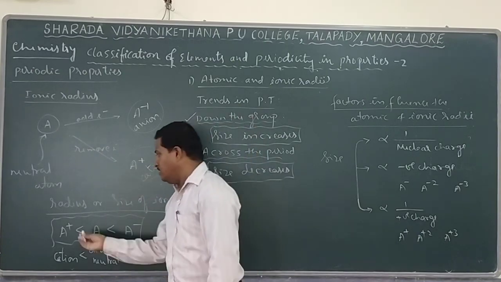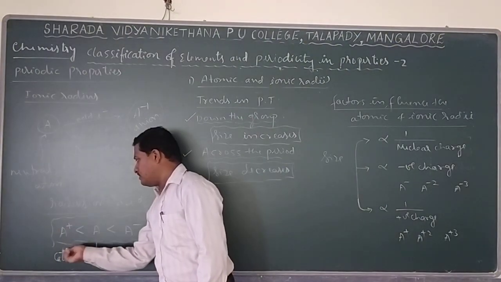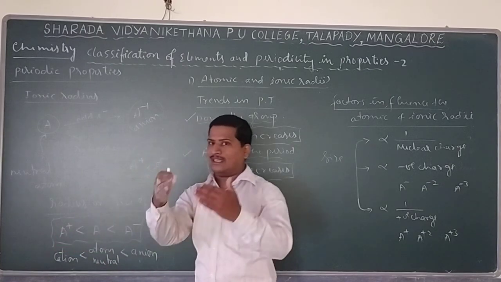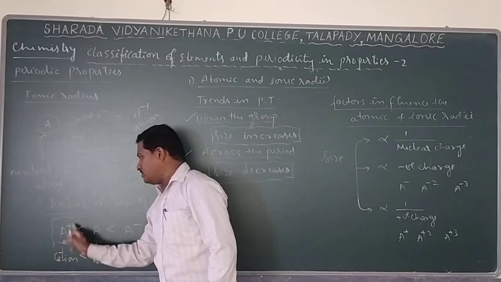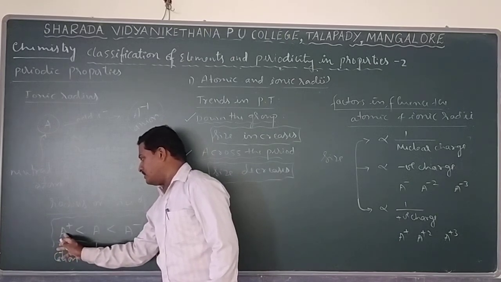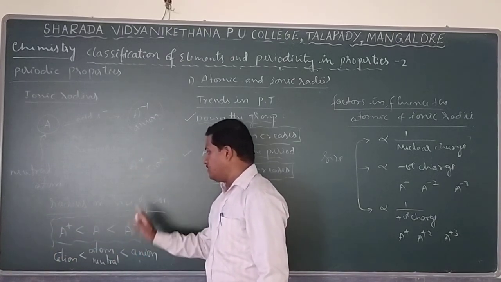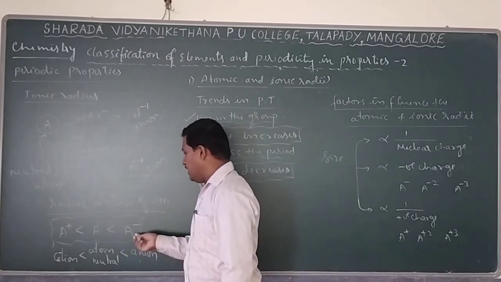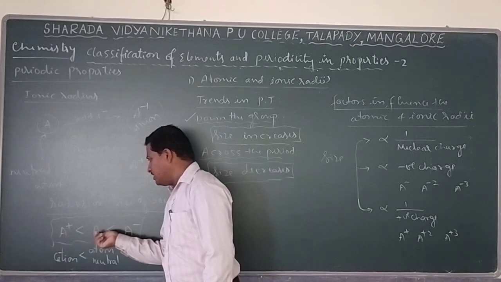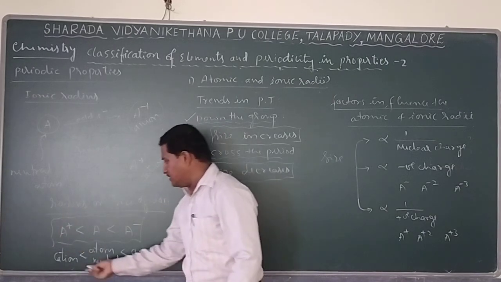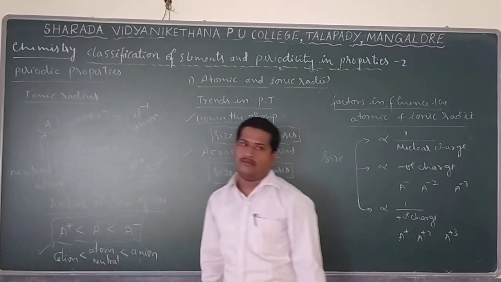Always remember, the size of cations is very small because electrons are removed and the number of electrons in the valence shell decreases. So a decrease in electrons means the size of the cation is less, whereas the size of the anion is found to be more. So the anion has a bigger size compared to the neutral atom, which shows a bigger size compared to the cation. This is the order we have to remember.